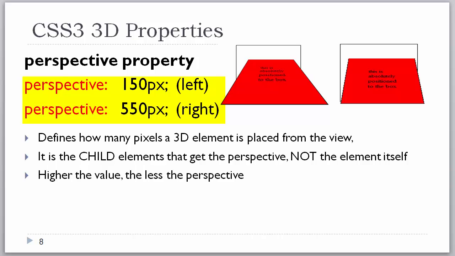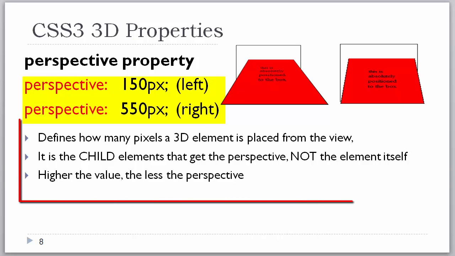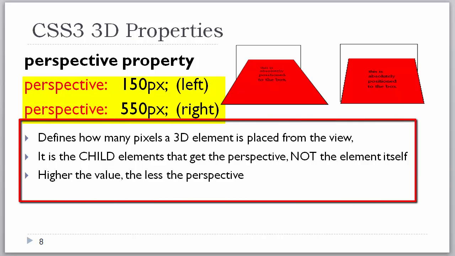Notice how there is more perspective, more different distance in the red block to its original enclosing container. The second line of code, perspective 550 pixels, is the right image. Notice how it is less intense and it's closer to the box. So the shorter the perspective, the more intense it is.